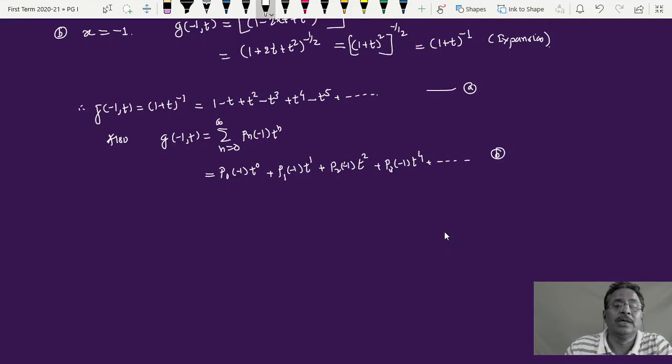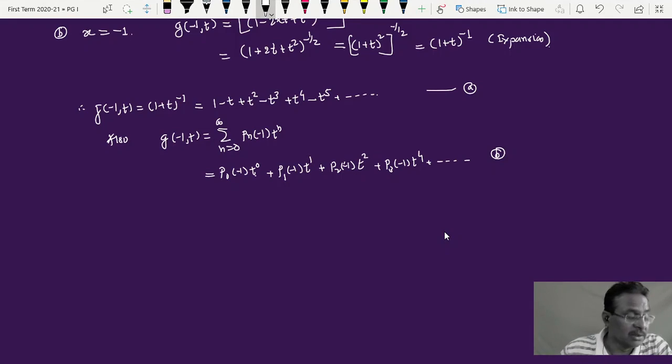And look here, t raised to 0 there is 1, t raised to 1, but this time the coefficient p1 of minus 1 is equal to minus 1, then p2 of minus 1 is plus 1, whereas p3 of minus 1 is equal to minus 1. Then p4 of minus 1 is plus 1, p5 of minus 1 is minus 1.